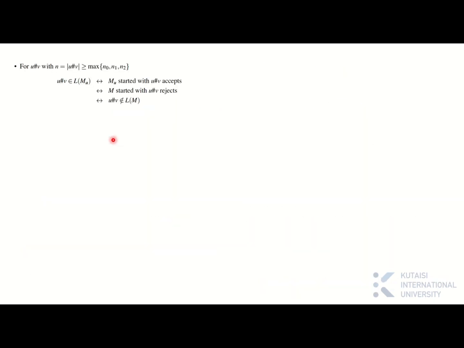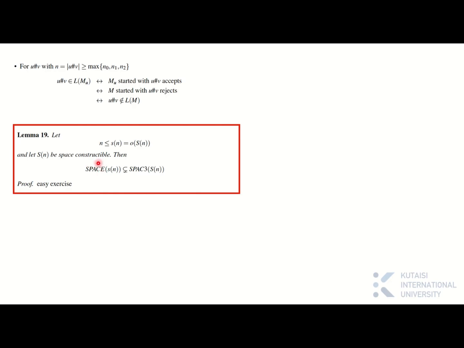And this, of course, implies the space hierarchy in exactly the same way: if big S(n) grows faster than small s(n), then whatever can be done in space big S(n) is more than whatever can be done in small space. So there are some problems that can be solved in some space and you can never reduce the space asymptotically.